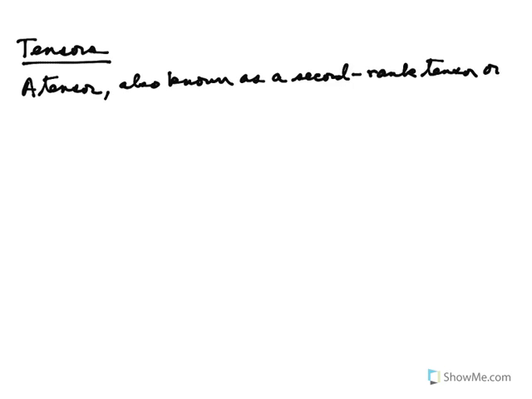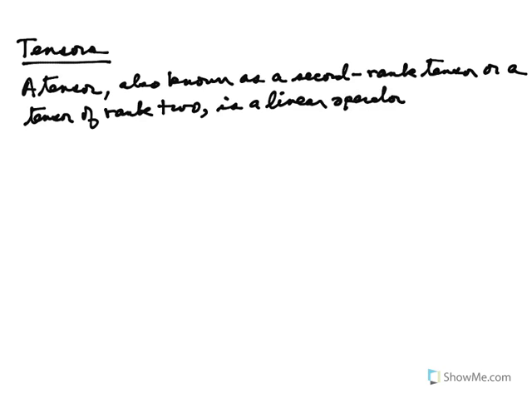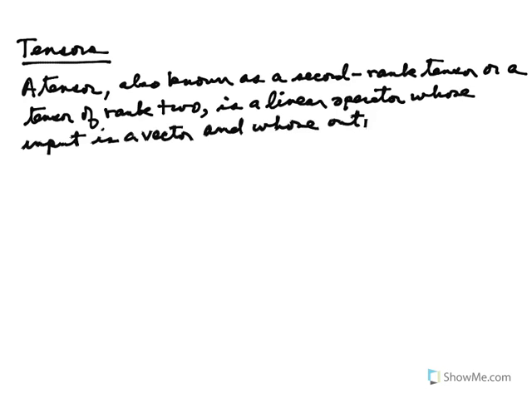A tensor, also known as a second-rank tensor, or a tensor of rank 2, is a linear operator whose input is a vector and whose output is also a vector.